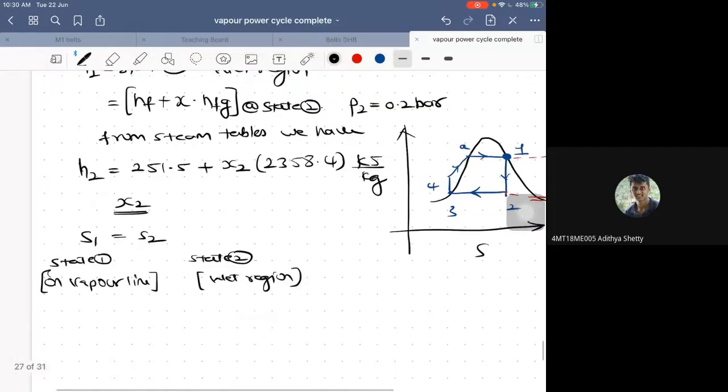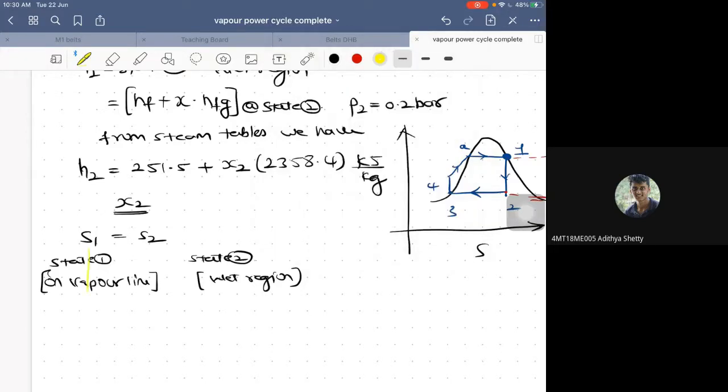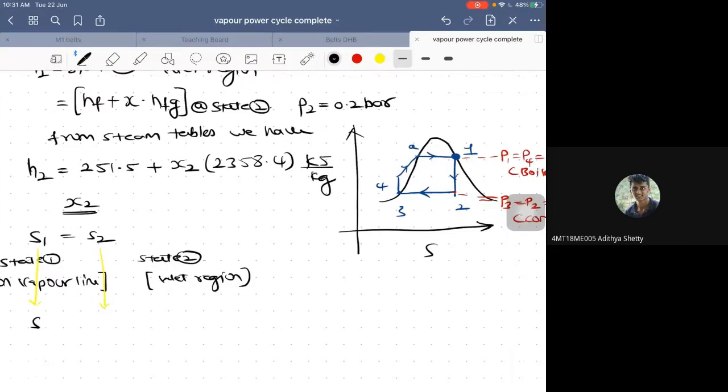So if it is on the vapor line, how will you calculate the value of entropy? If it is on the vapor line, S1 is equal to SG, correct.